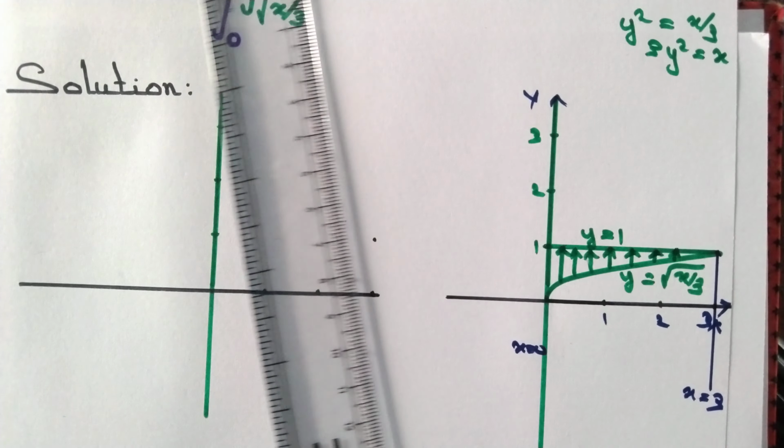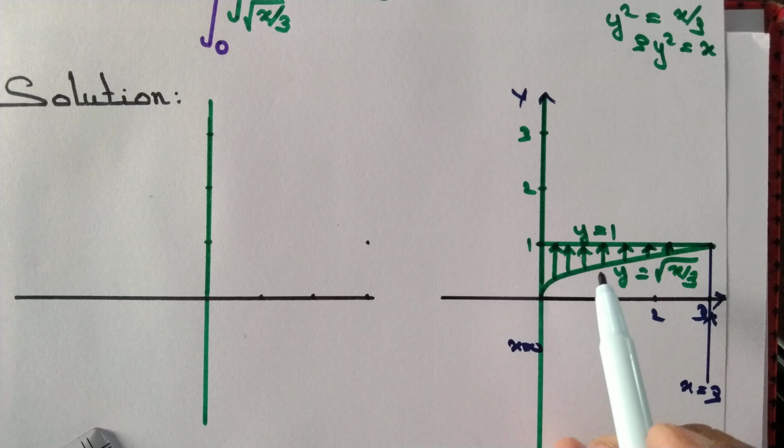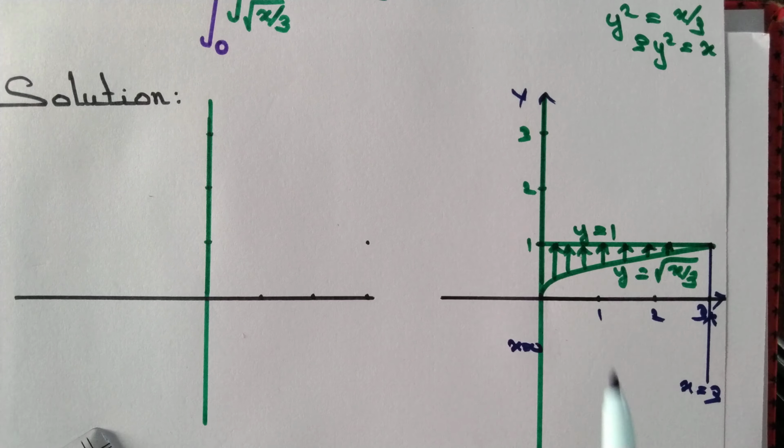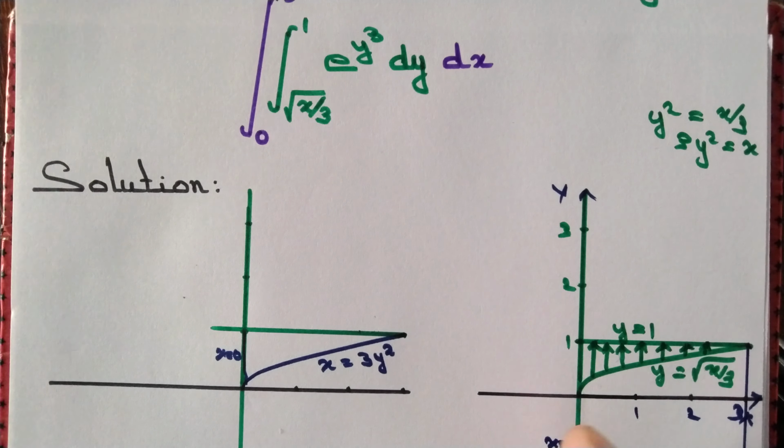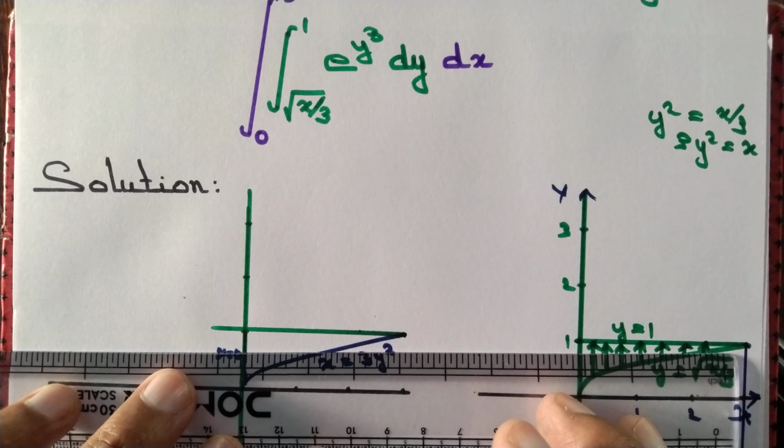So we want to change the order of integration. So we draw the vertical strip. Can we do the same thing? So let's draw the region once again. Instead of drawing a vertical strip, let us draw a horizontal strip.